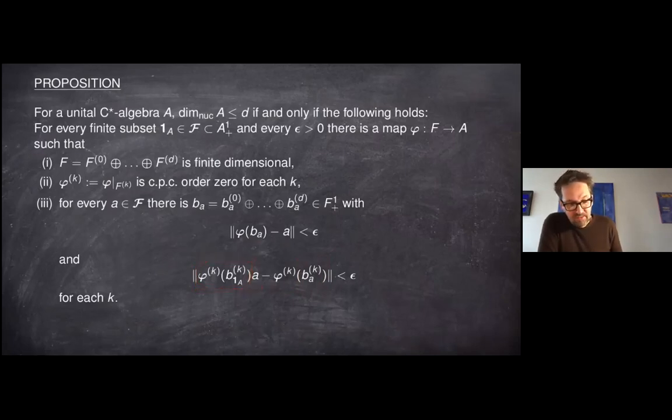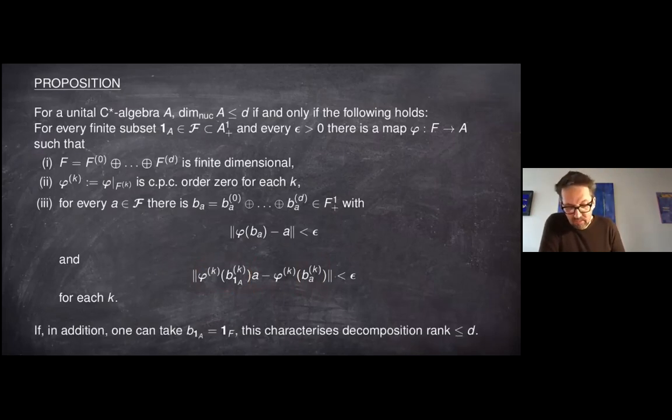And note that in this characterization of nuclear dimension, and by the way, there's a very similar characterization for decomposition rank, in this characterization, the maps psi don't show up anymore. Okay, here I wrote down the characterization for decomposition rank. This is when you can choose B sub unit of A to be the unit of the finite dimensional C-star algebra.